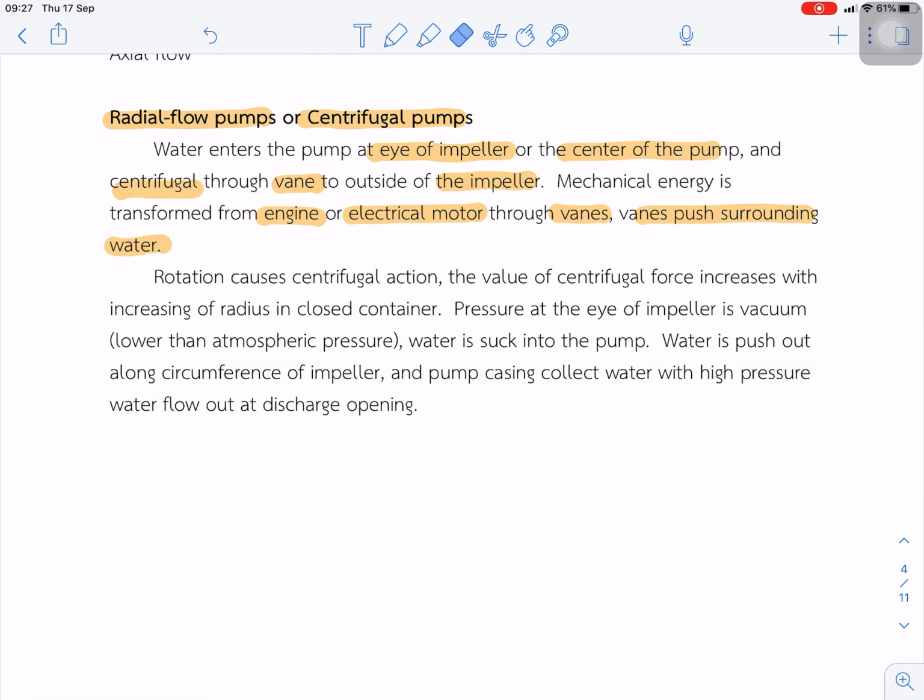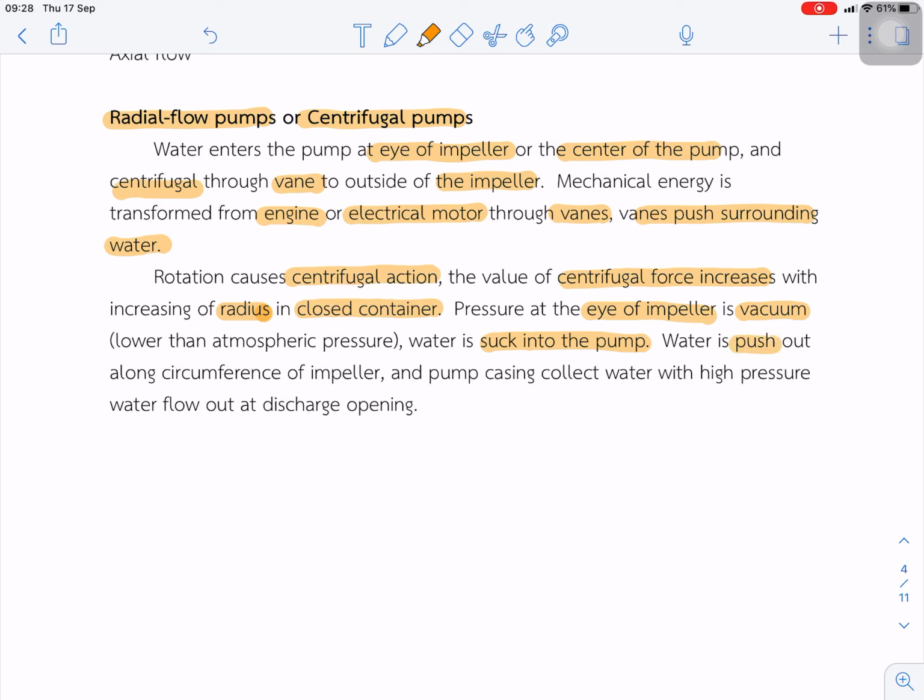This is what we call centrifugal action. The centrifugal force of the pump increases with the increase of radius in the closed container. So the pressure at the eye of the impeller is a vacuum, and water is sucked into the pump.